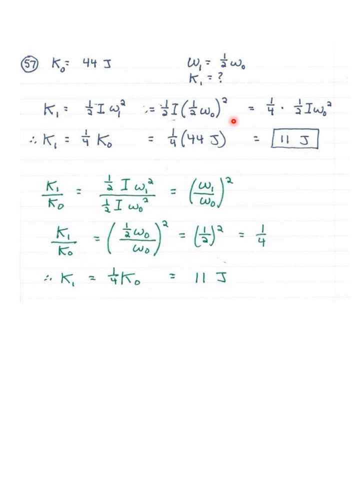And that 1/2 squared becomes a quarter, and I'm going to take that quarter and slip it out to the side. So here we have 1/4 times 1/2 of I omega naught squared. Well, 1/2 I omega naught squared is the original kinetic energy. So we can say that it's 1/4 of the original kinetic energy. So that's what I've written out here. And 1/4 of 44 joules is 11 joules.